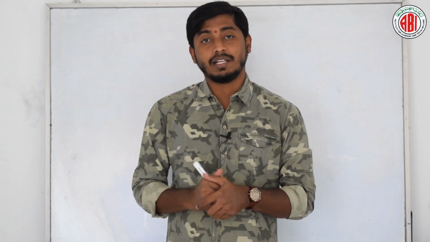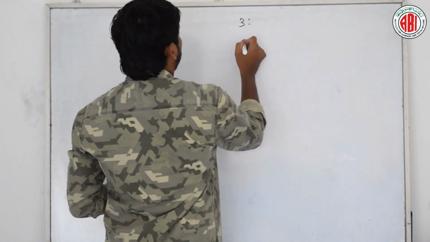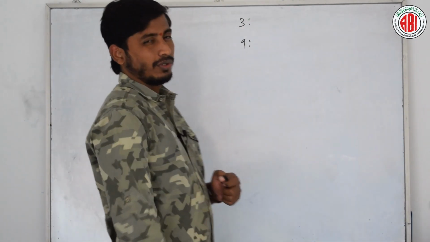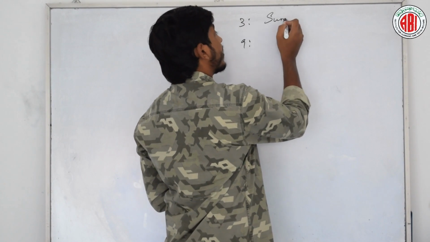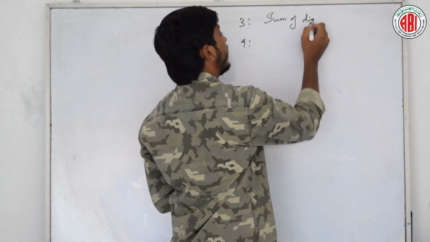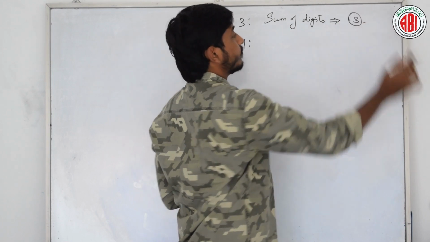Let's do. Now, let us learn the divisibility rules for 3 and 9. What are the rules? If you remember, a number is said to be divisible by 3 if the sum of the digits in the number is divisible by 3.